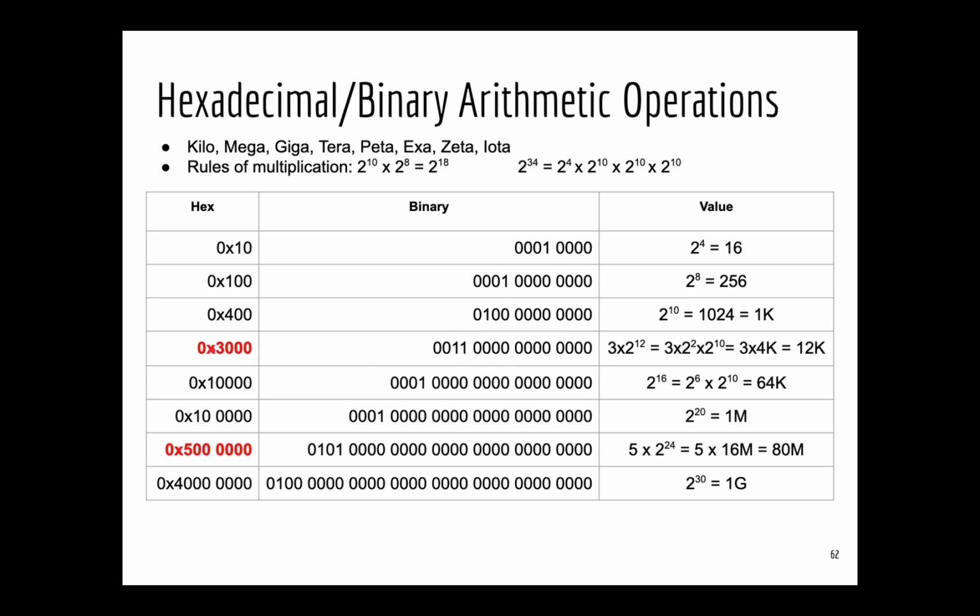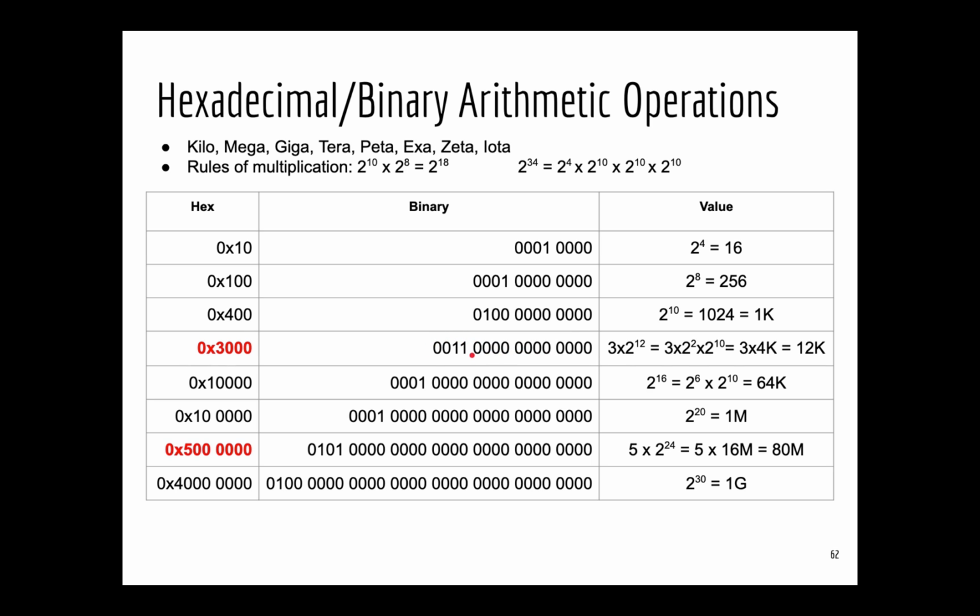The next example, highlighted in red, is a bit trickier than the previous examples. 3000 in hex, when you convert this to binary, you will see the 3 becomes 0011, and out of the last 3 zeros in hex, you get 12 binary zeros. So what is the value of this number in decimal? The 12 zeros are now 2 to the power of 12. But in front of those 12 zeros, we have the number 3.